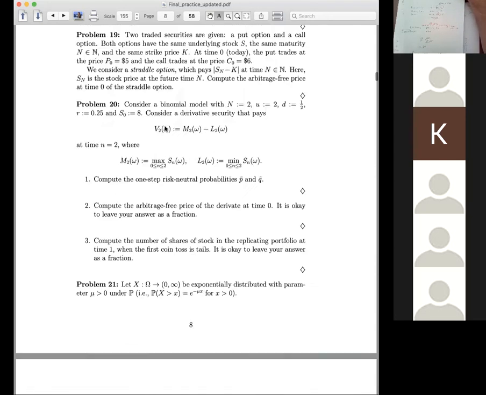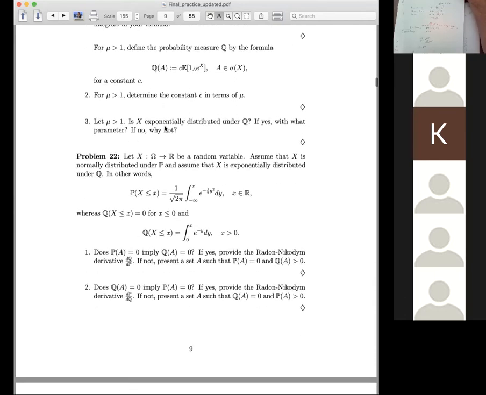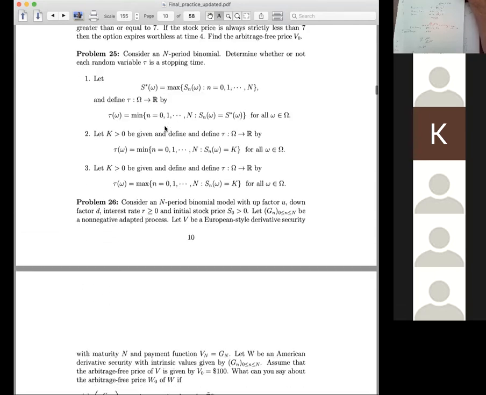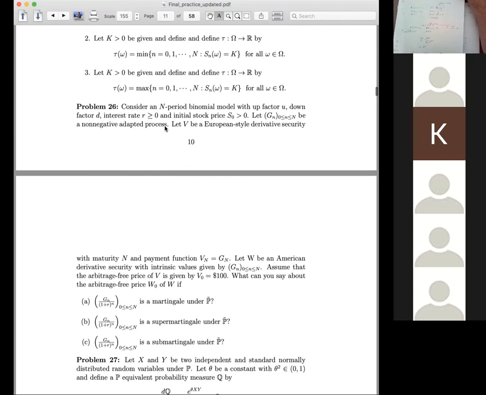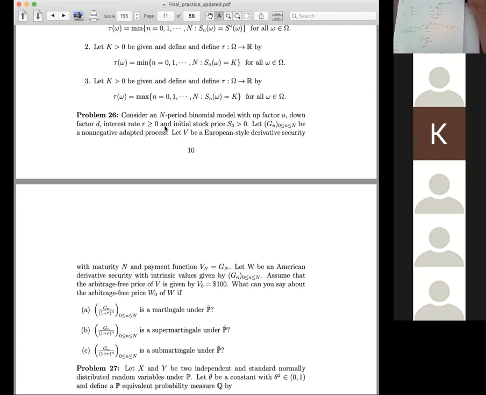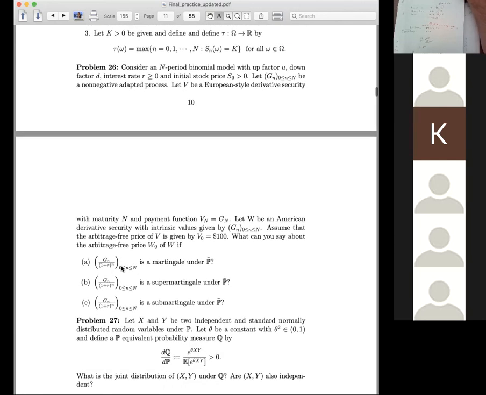There's another block of problems. Let me just, it was 26, this one here. So again, you have an intrinsic value, and you're interested in when can you say something about early exercise premium, what happens if it's a martingale, super martingale, and sub martingale.